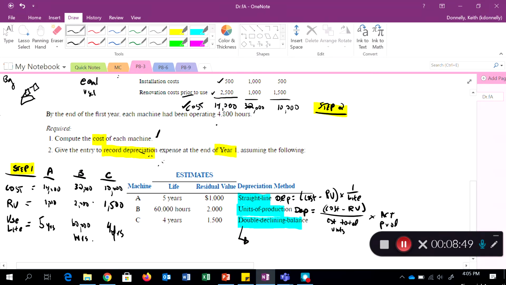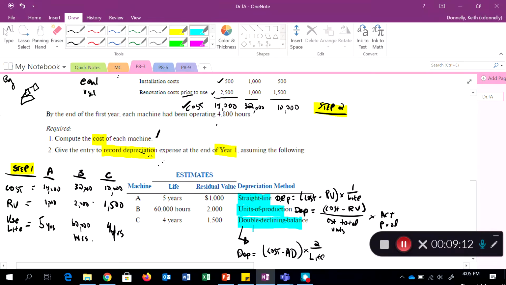And then double declining balance, we know our depreciation expense equals our cost minus our accumulated depreciation times 2 over the useful life.